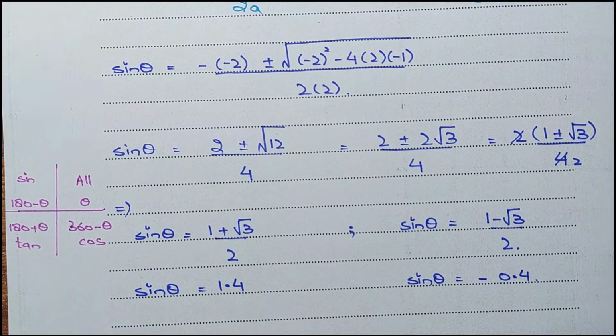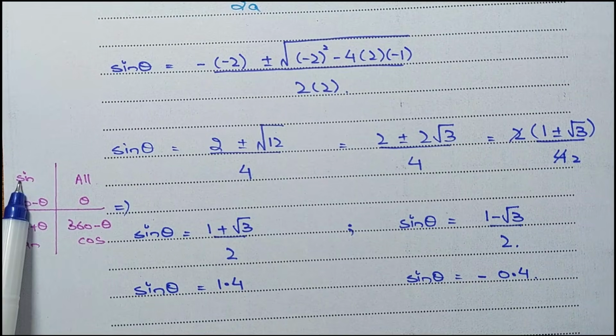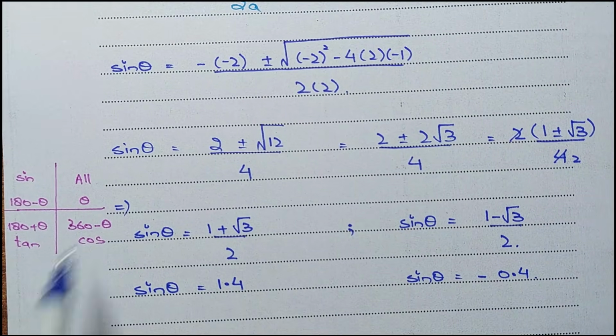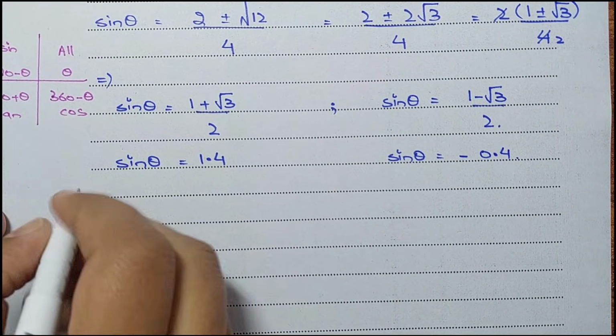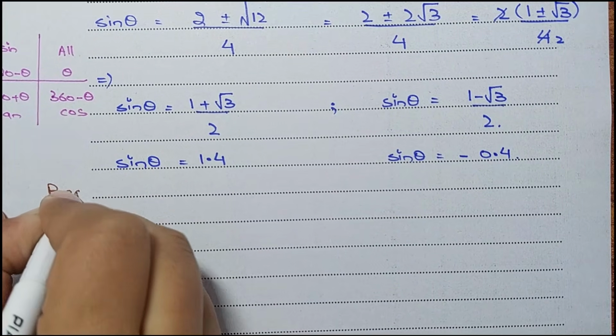Now, sine is positive in the first and second quadrants. Sine is negative in the third and fourth. So first we need to figure out the base angle for both.